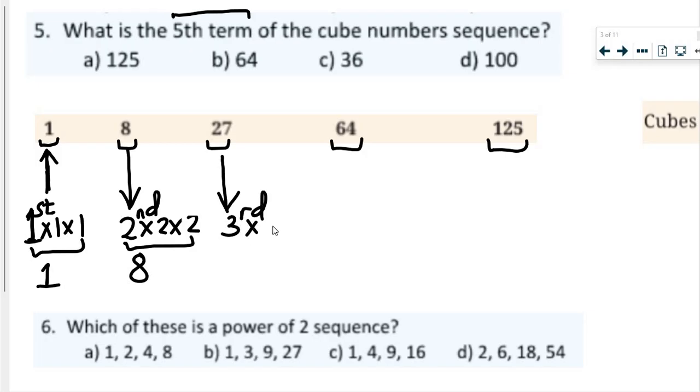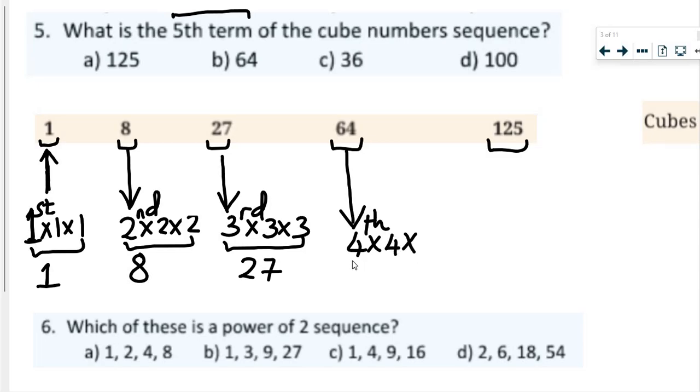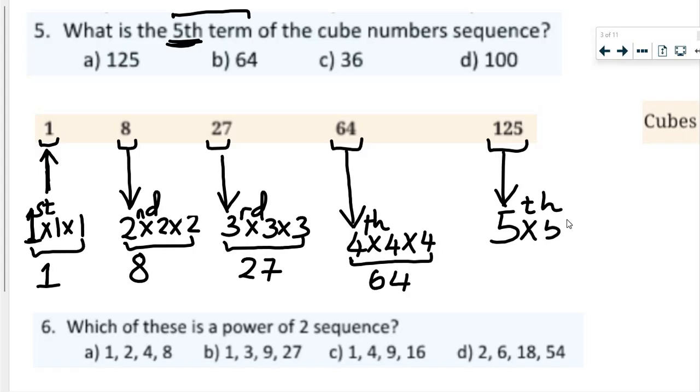You do 3 into 3 into 3. That makes 27. How do we get the fourth cube number? You do 4 into 4 into 4. This gives you 64. To get the fifth, which is the target, simply do 5 into 5 into 5. Work out this. You get 125, which is option A.